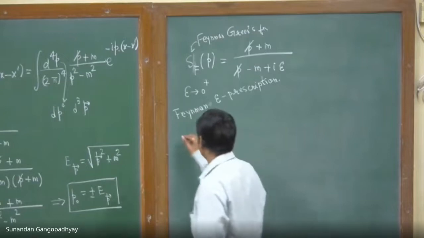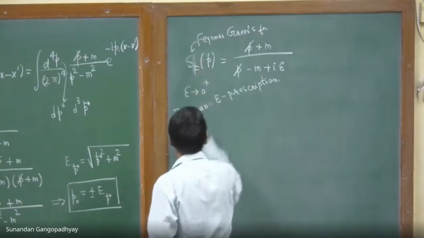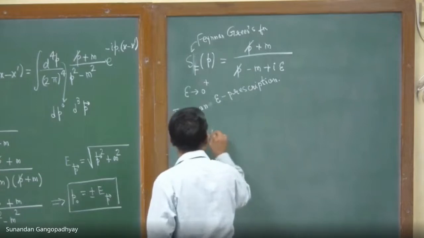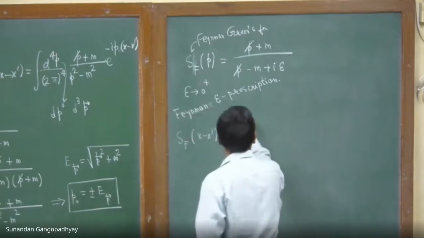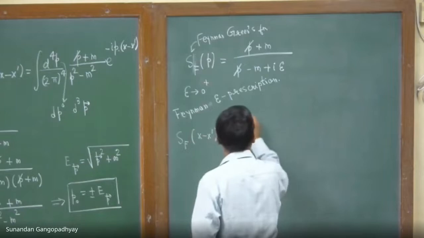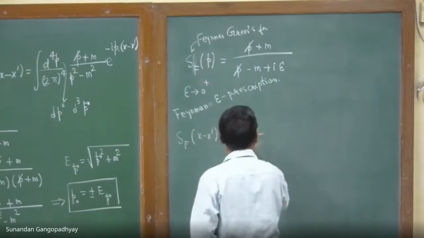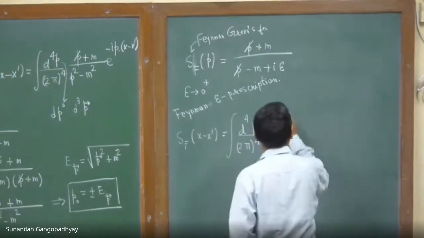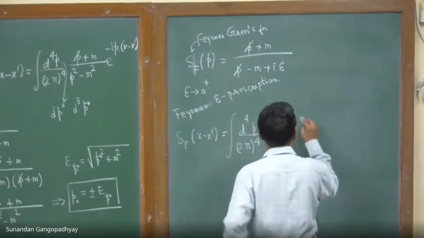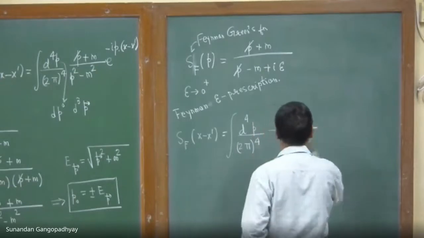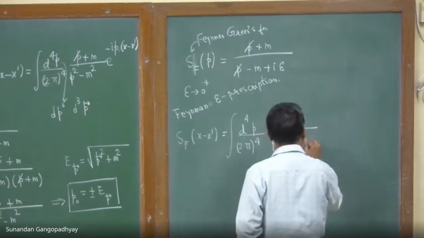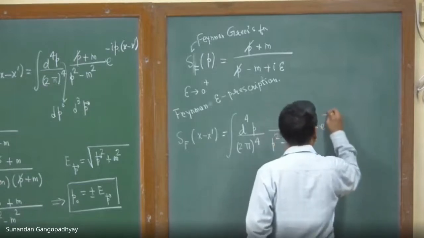So therefore, if this is S_F(p), you can now write down S_F(x minus x prime) as the integral d4p by (2 pi)^4 of (p slash plus m) by (p squared minus m squared plus i epsilon).